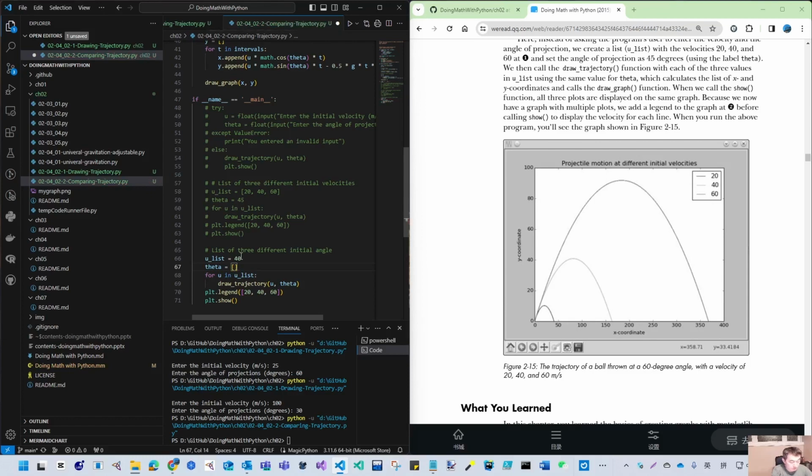Maybe I put 10, 30, 50, 70. 90 will get us straight up and down, and then I will also have 110, to the other direction. So then I will have two theta.